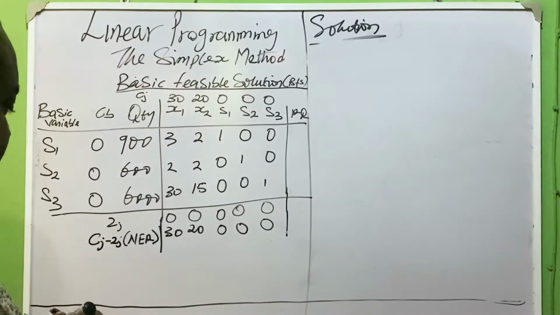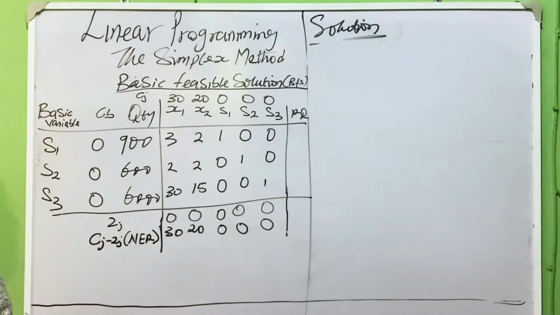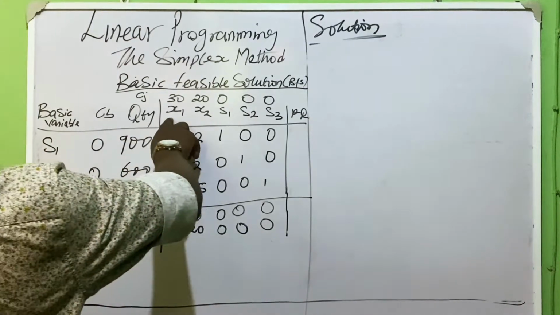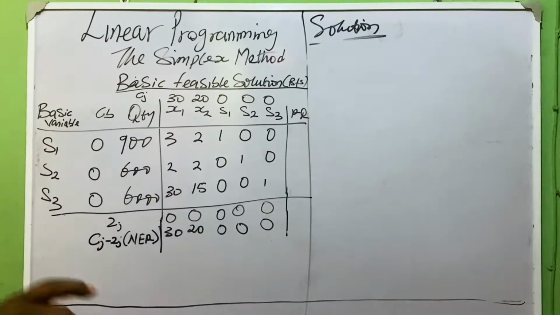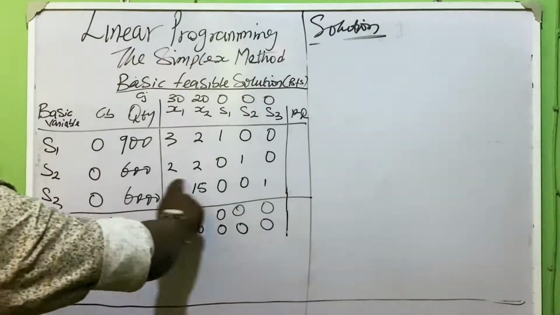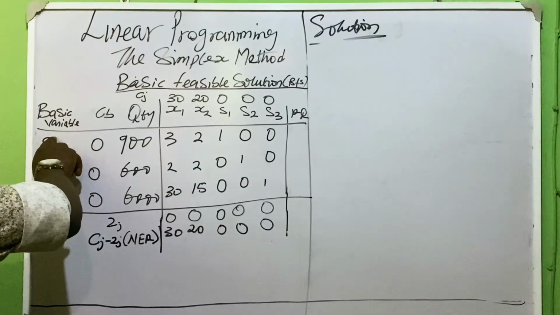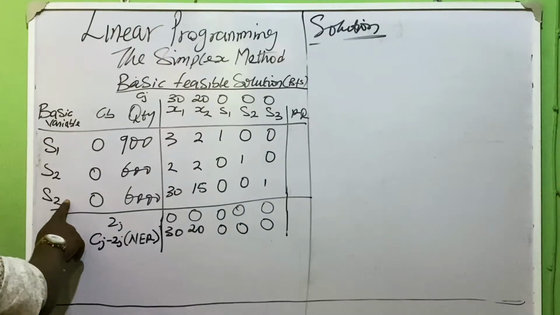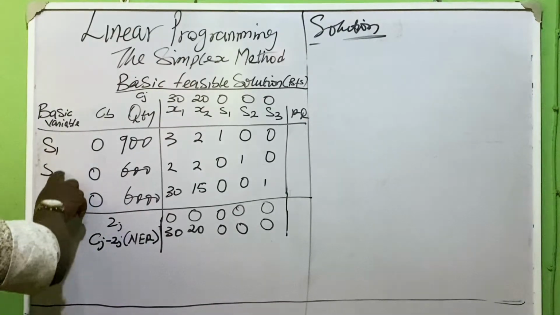The first thing in improving on the BFS will be to determine the variable that will go into the basis, with which we will now determine the basic variable that will also leave the basis. Because at this point, we have 1, 2, 3 representing the constraint equations, and continually we'll keep having 3 of them here.